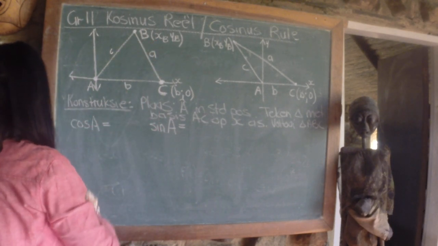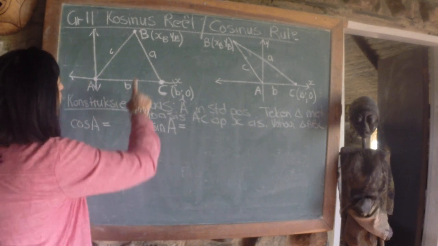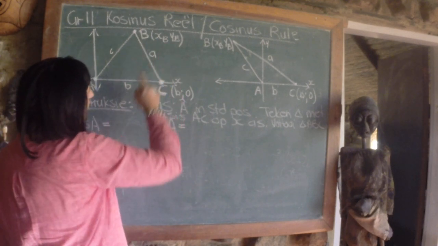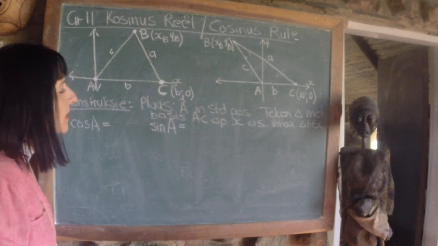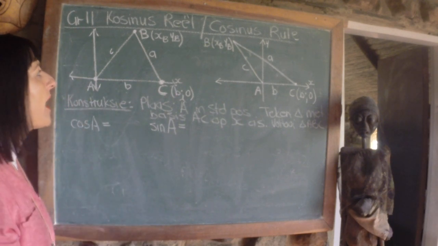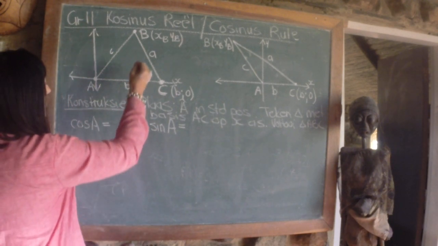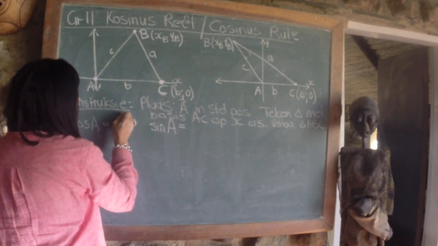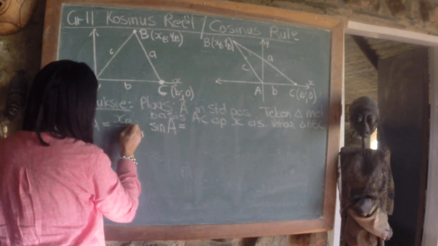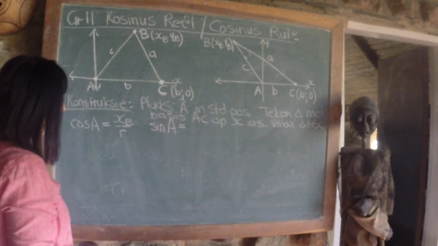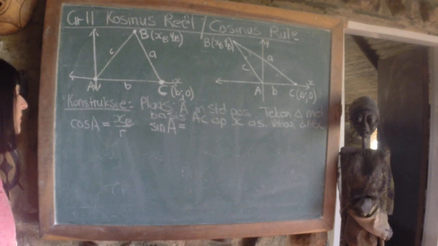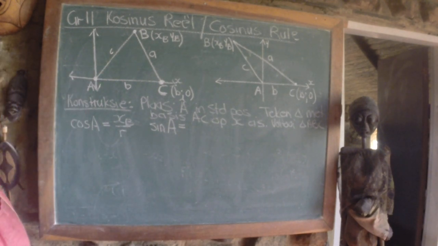So if we look at the cos of A, then we work with the coordinates. Now we know the cos is x over r on a Cartesian plane. So we are going to write xb over r. Okay, we're going to work with the coordinates in the cosine case.